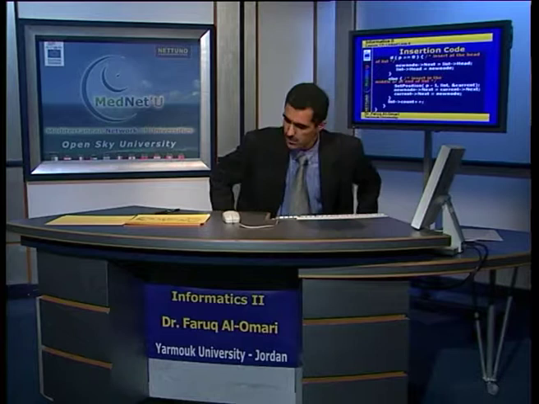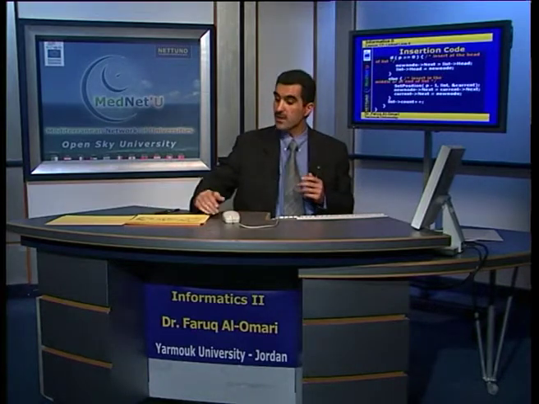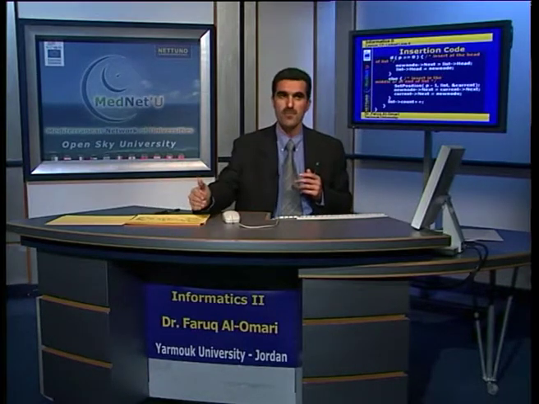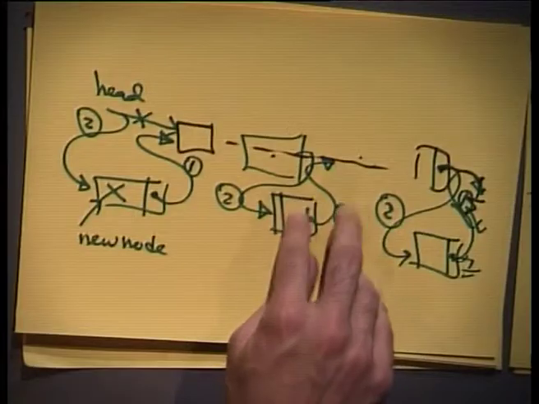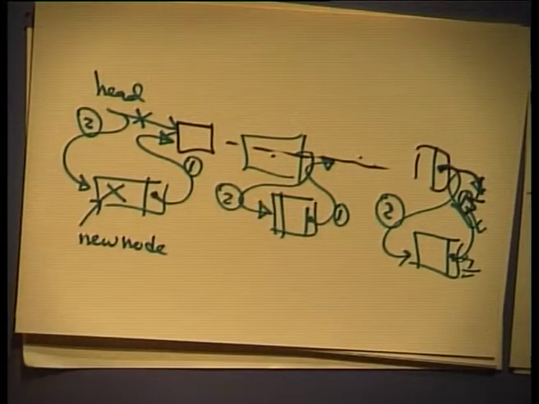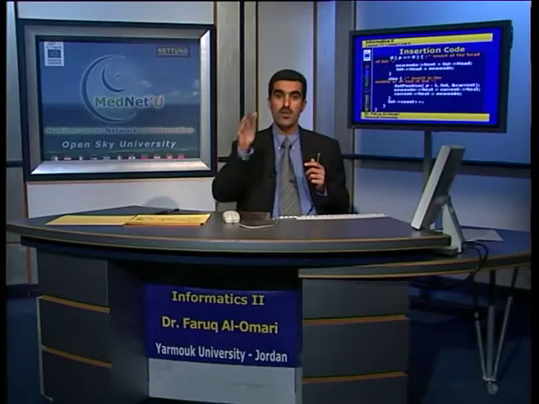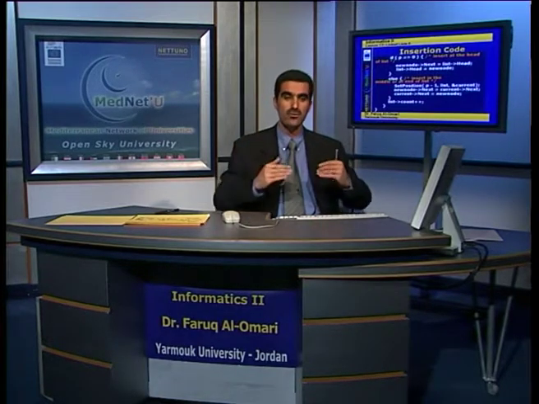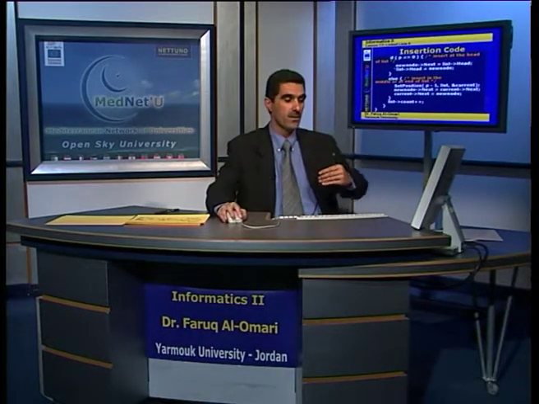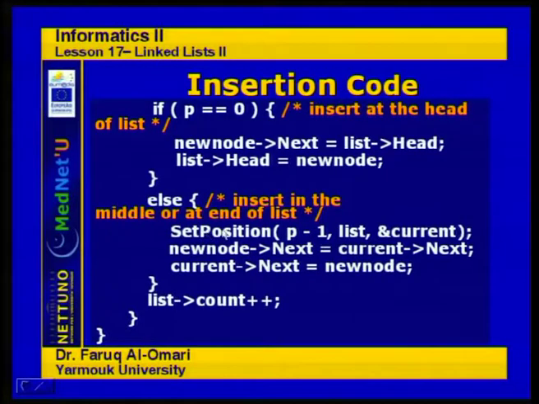So in this case, what I'm going to do, first, I need to go to the position just before the position I want to insert the new node into. I want to insert this new node at position P. Then I need to go to position P minus 1. And that's why the first step I'm going to do is to call this function setPosition at P minus 1 in this list, okay? And I'm passing to this the address of current.